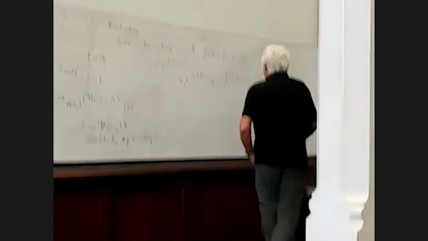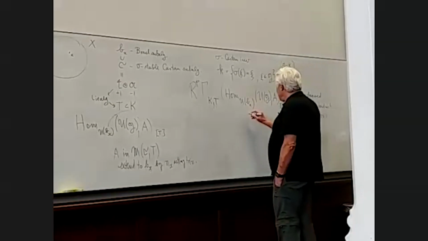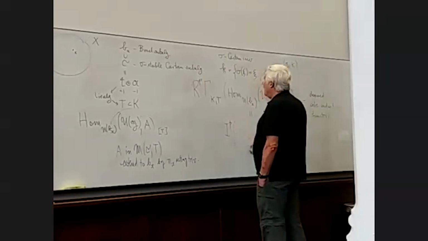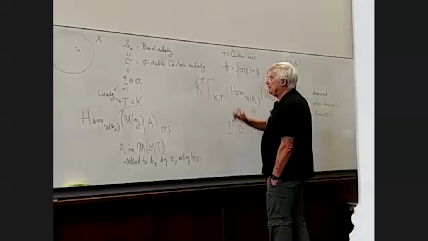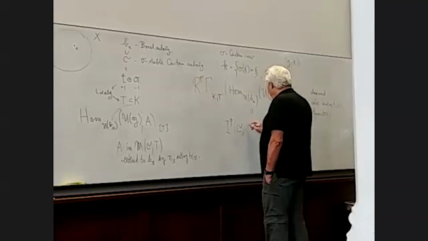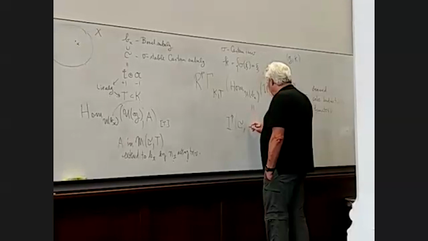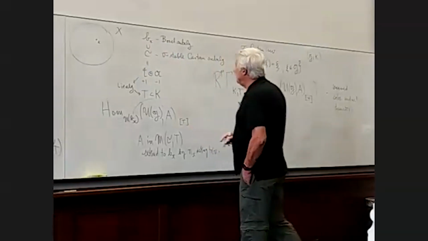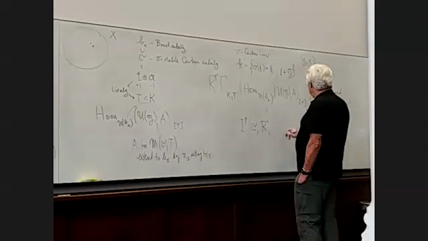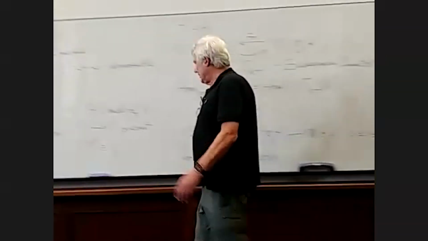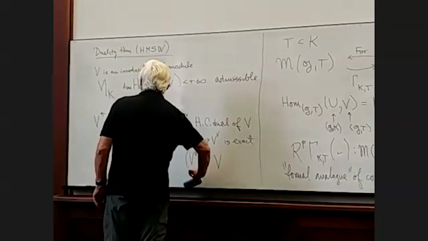Yeah. So we are going to denote this by I_P of, which corresponds to the C and which is sigma-stable, and R plus, this is the positive root system which corresponds to Bx and A. Now, I can formulate the duality theorem.